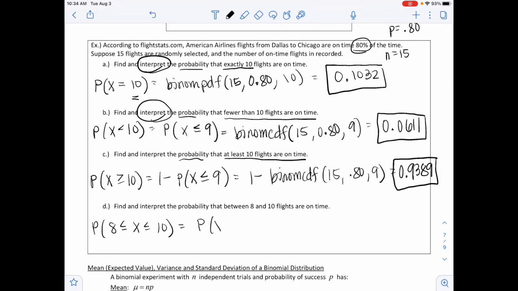And so I'm going to take probability that x is less than or equal to 10, which would be 10, 9, 8, 7, 6, 5, 4, 3, 2, 1, 0. But I don't need all those values. I want it to stop at 8. So I need to subtract away probability that x is less than or equal to 7.